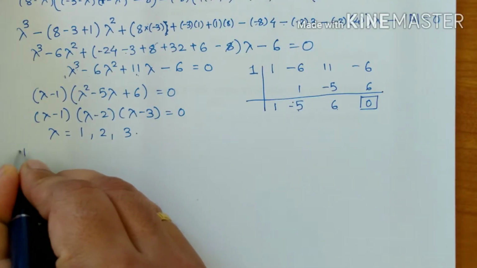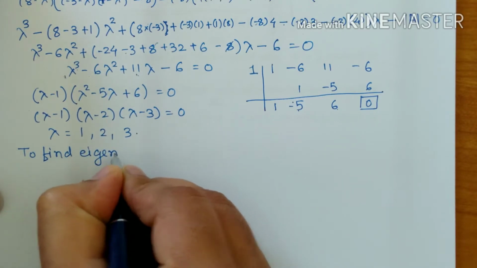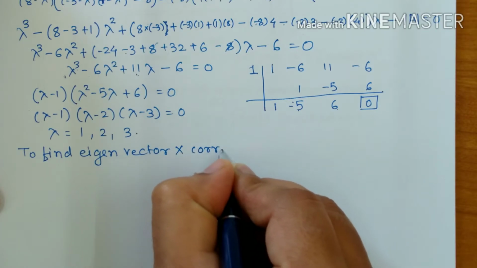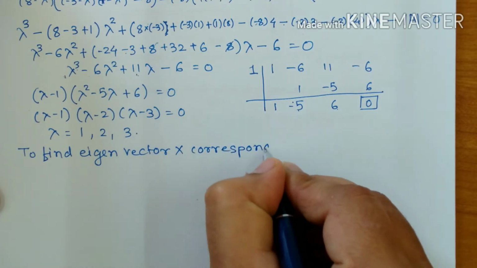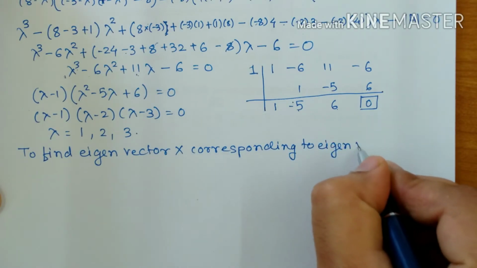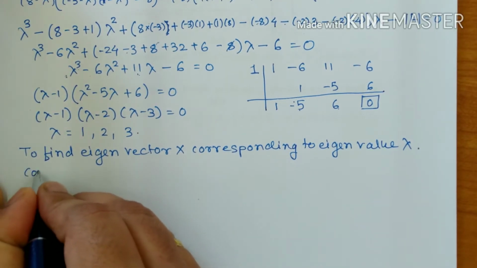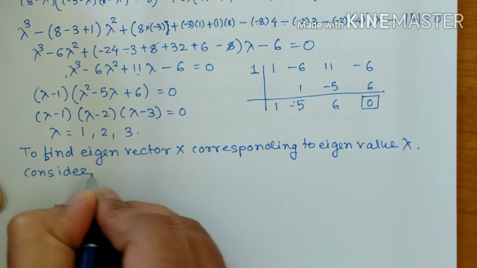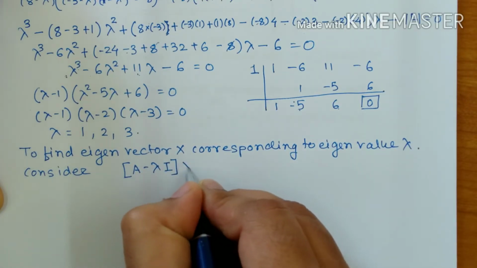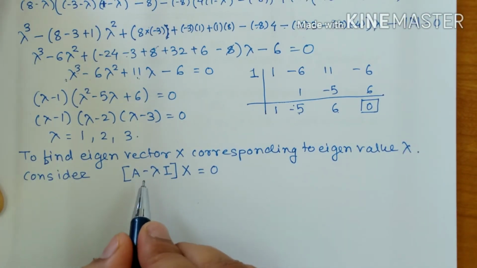So here, to find eigenvector x corresponding to eigenvalue lambda, consider a matrix equation, matrix A minus lambda I into capital X is equal to 0, where A minus lambda I is a well-known matrix.